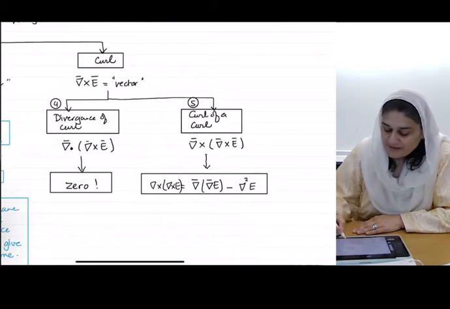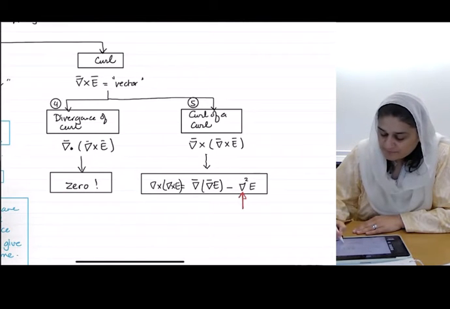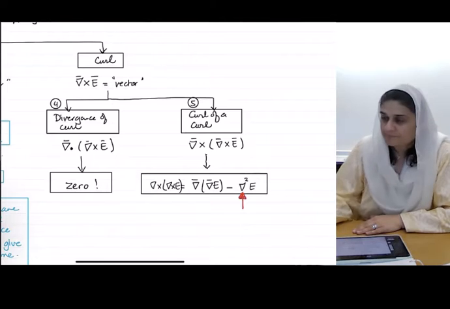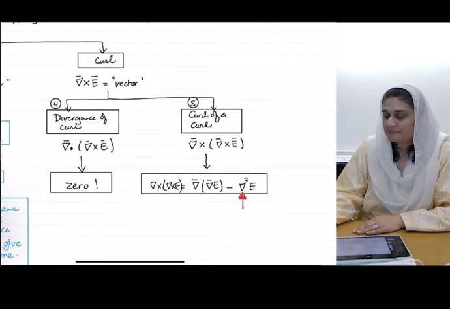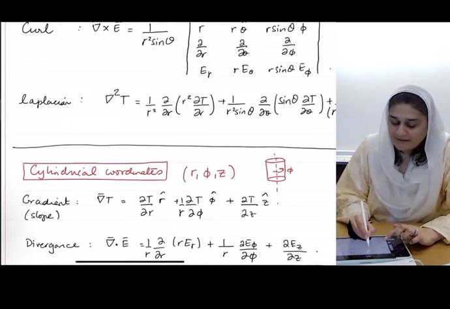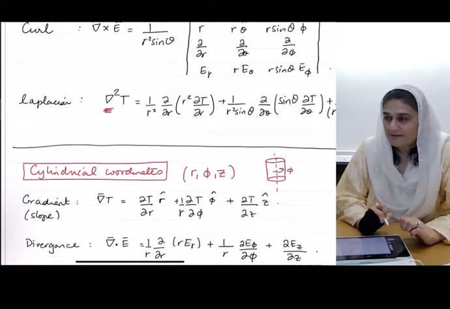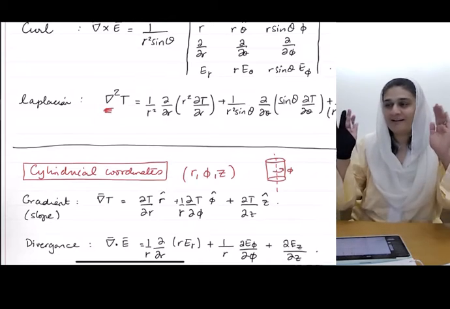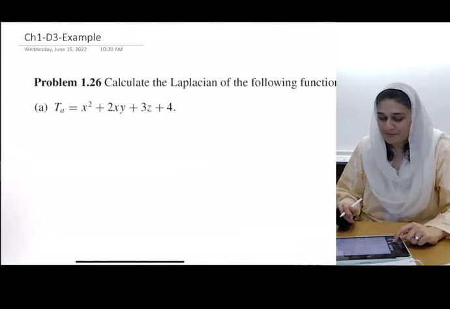We have seen this somewhere before, like yesterday, and we called it the Laplacian.